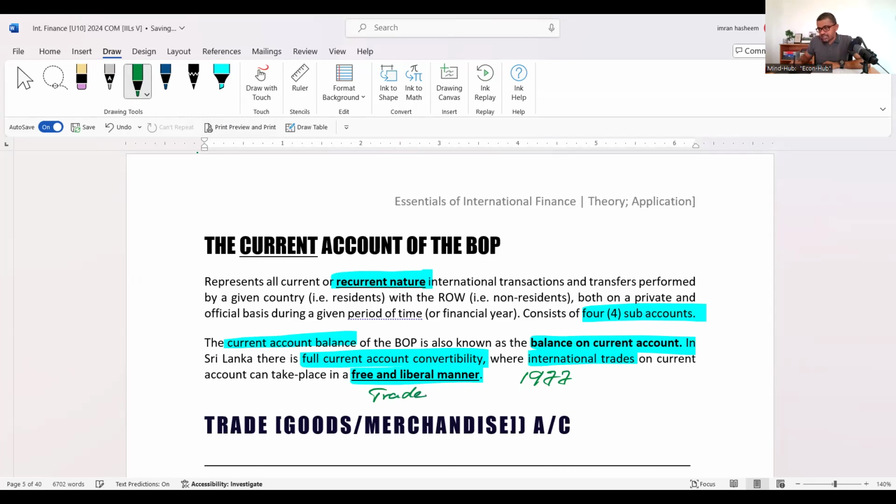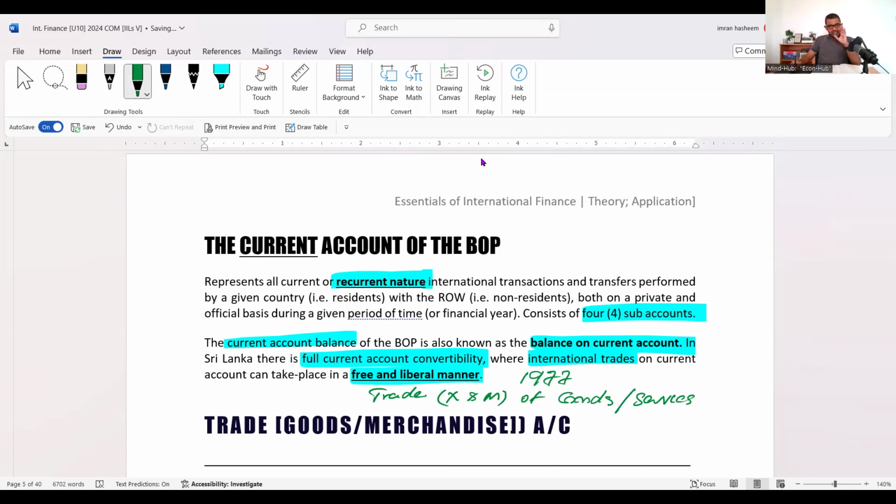Trade can take place. Normally, when we say trade, we talk about X and M of mainly goods and then services. Can you tell me what this means?